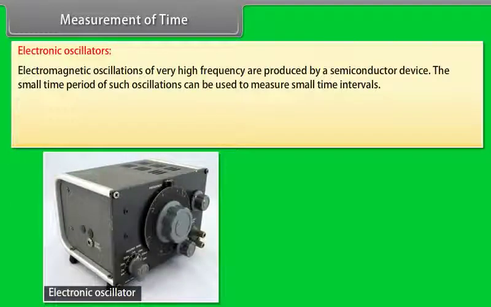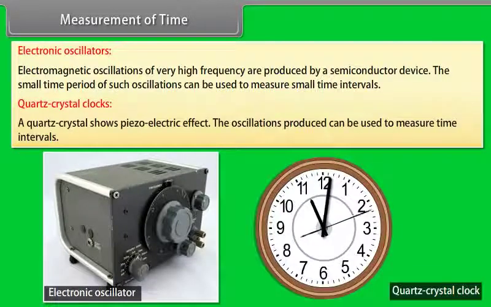Electronic oscillators. Electromagnetic oscillations of very high frequency are produced by a semiconductor device. The small time period of such oscillations can be used to measure small time intervals. Quartz crystal clocks. A quartz crystal shows piezoelectric effect. The oscillations produced can be used to measure time intervals. Atomic clocks.